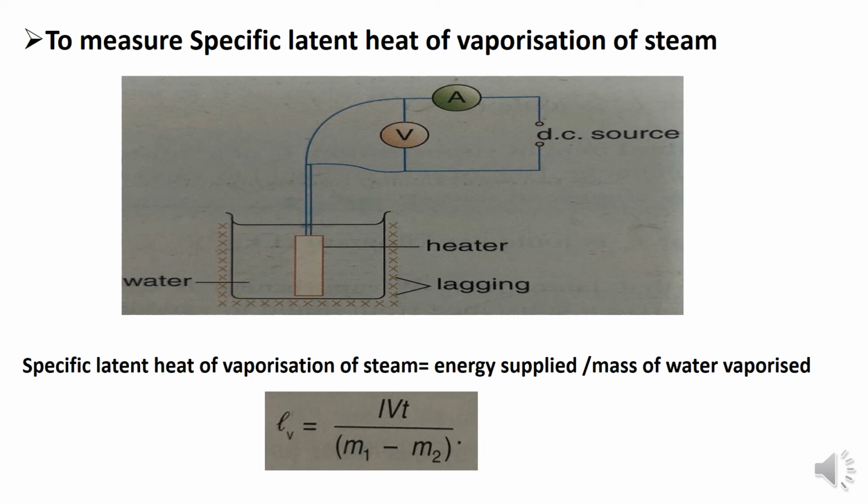M1 represents the initial mass of the water and M2 represents the final mass. If you subtract the final mass from the initial mass, you get the mass of water vaporized. This is the electrical method to find the specific latent heat of vaporization of steam. So learn the connection diagram, the equation, everything. It's important.